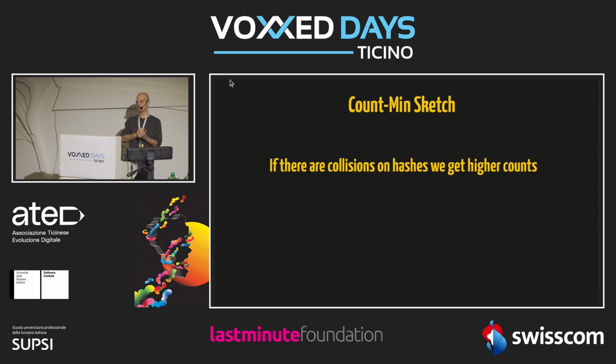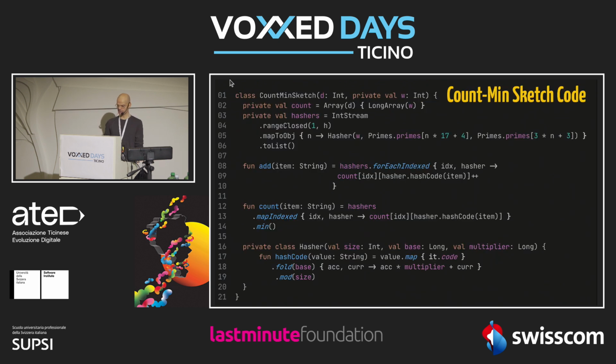And this means that I might have higher counts. So this is where the probabilistic part comes in. Of course, the good part is that I have a limited amount of memory, whatever the number of elements I get in my stream. And here is some code.